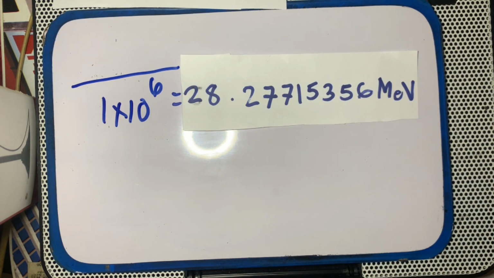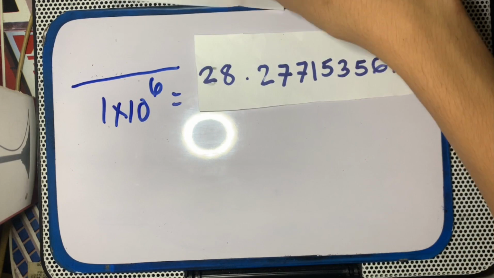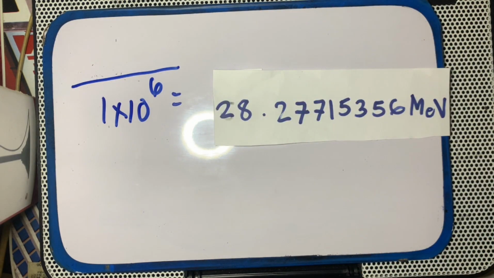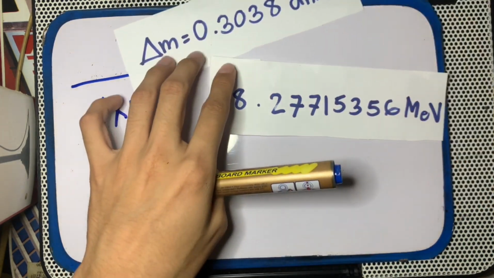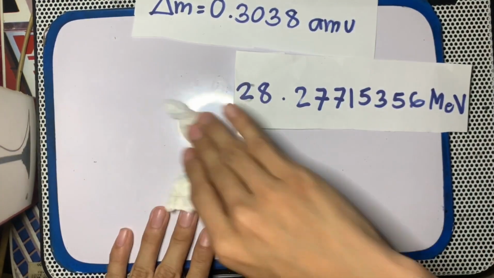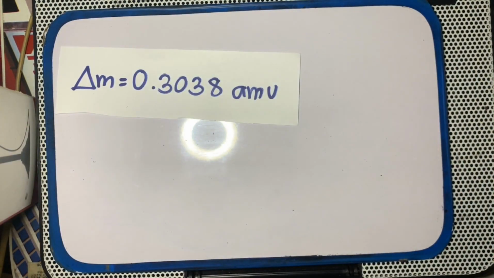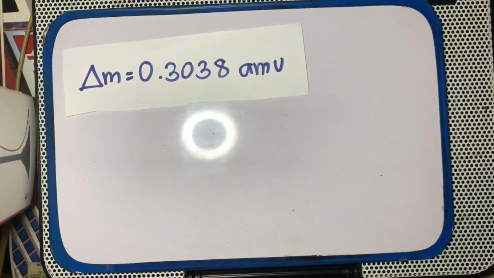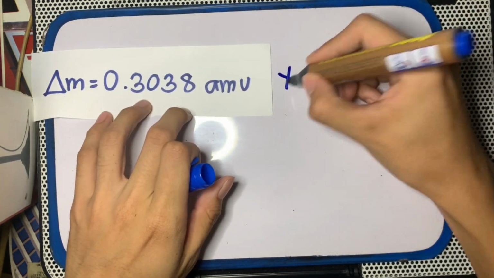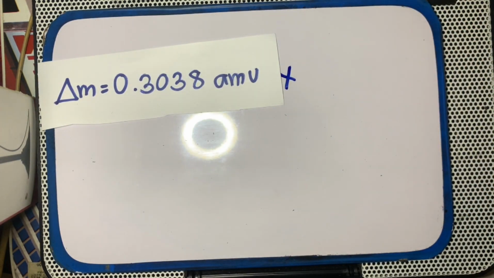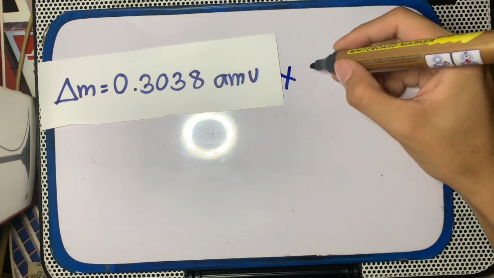Now, papakita ko naman po yung shortcut method or yung fastest way para makuha natin yung ating MeV. Diba nakuha po natin yung ating mass defect na 0.03038 AMU. We can easily multiply it by 931.